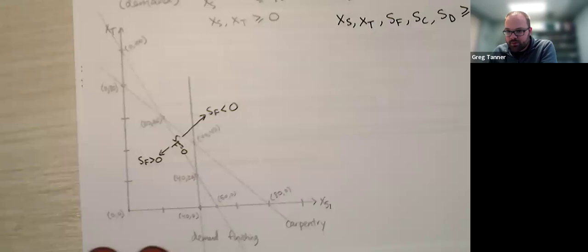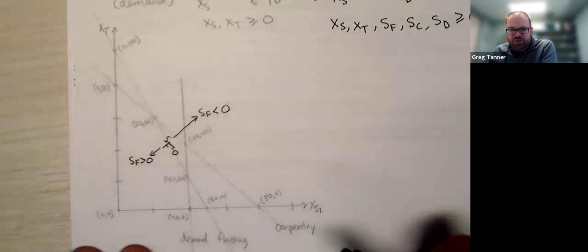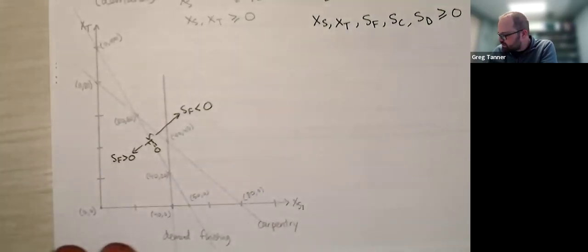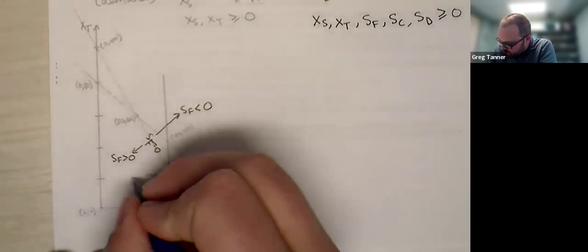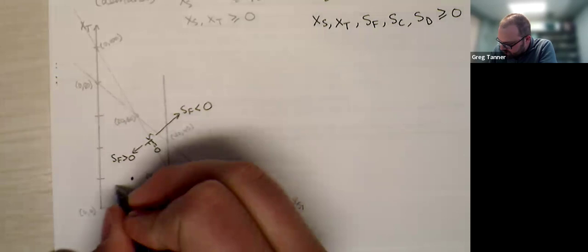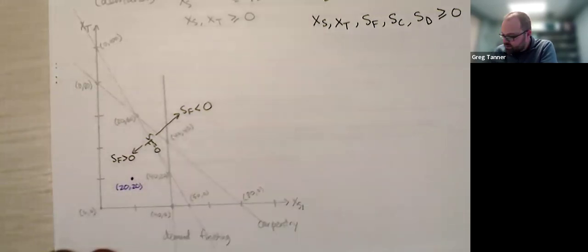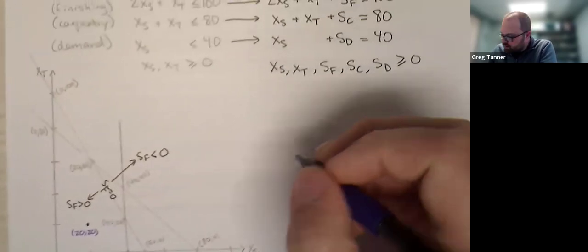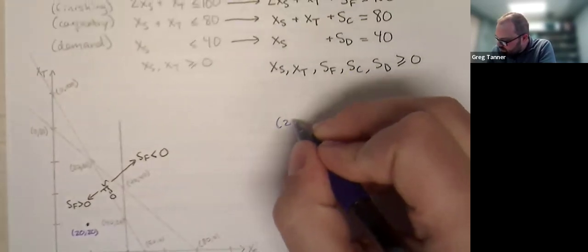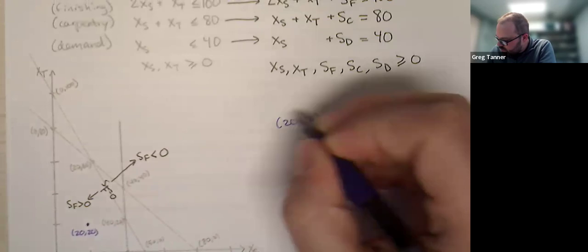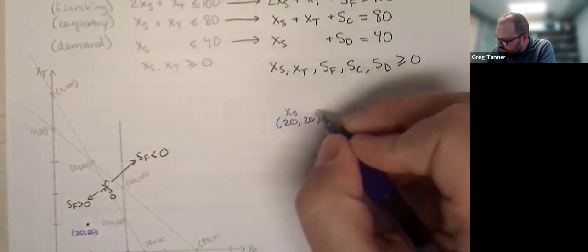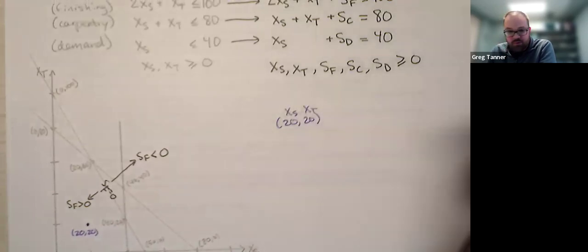Okay. Let's actually choose a point in space, and I'm going to choose a point that's maybe not on any of the constraints. So I'm going to choose this point right here, the point (20, 20), where XS equals 20 and XT equals 20.